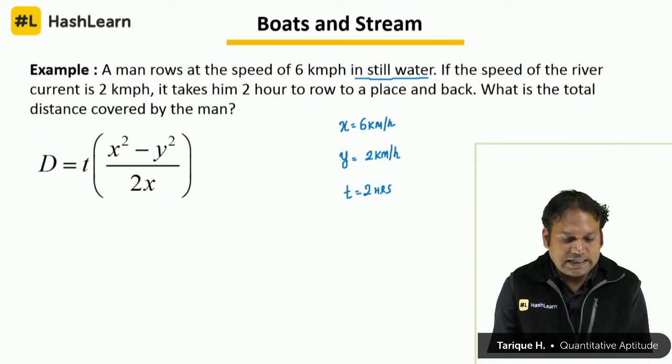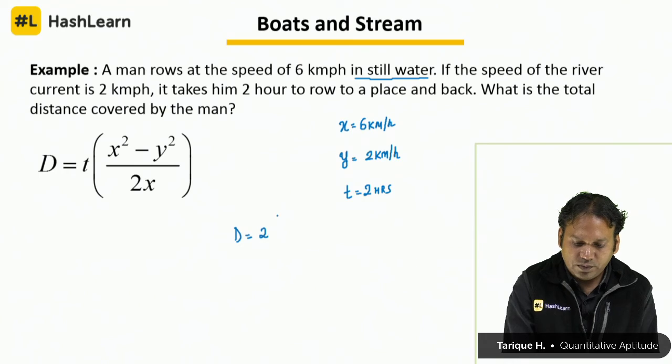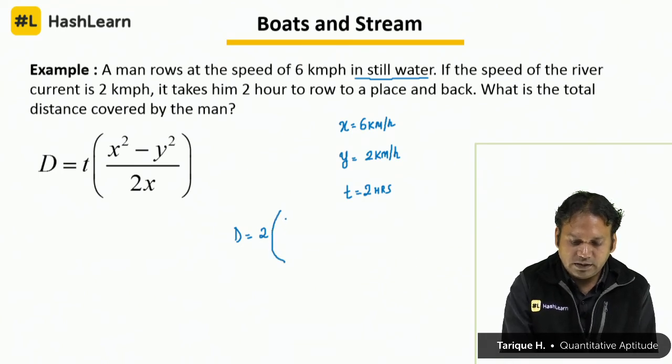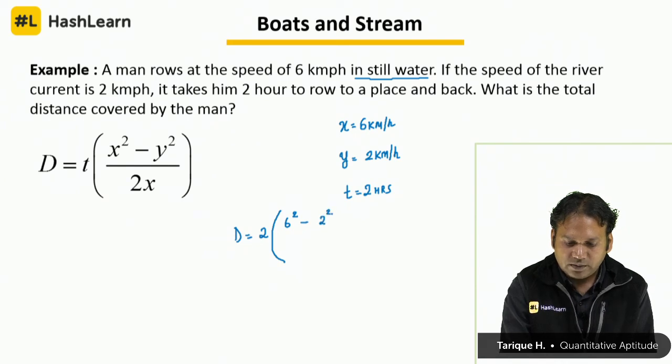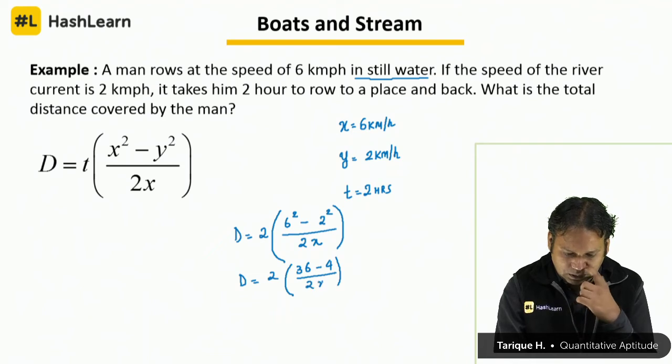What is the total distance covered by the man? So, distance is equal to 2 into x square minus y square upon 2x. Distance is equal to 2 into 36 minus 4 by 2x, right.